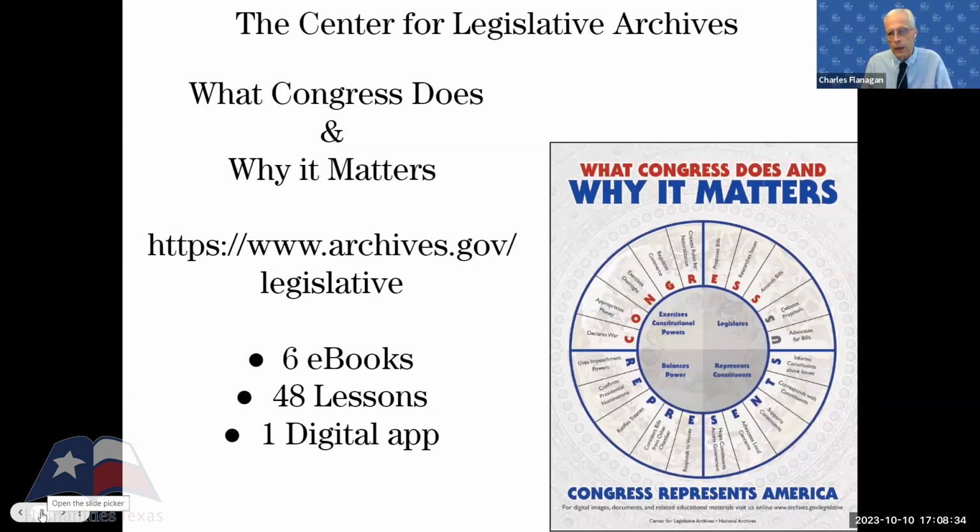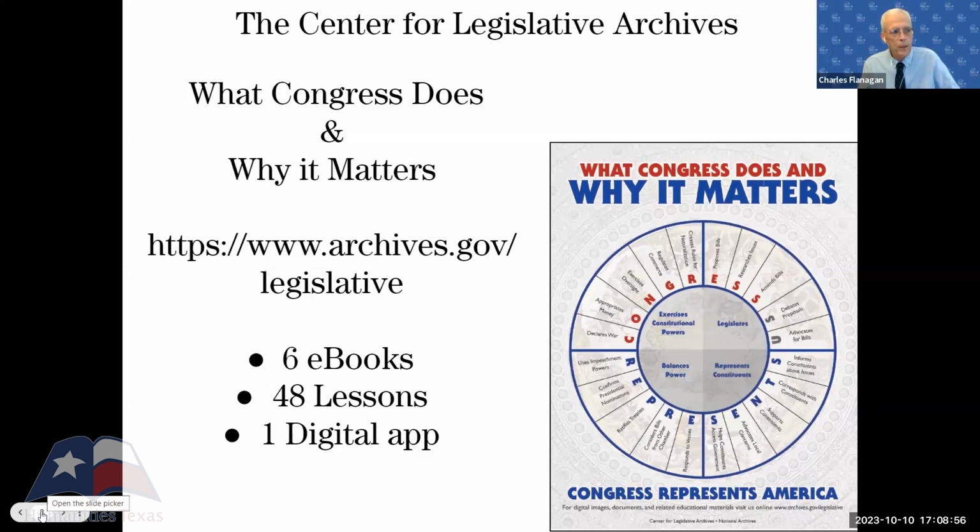And we have a website where you can get a whole lot of resources that we've created using the records of Congress to enable students to understand representative government. So it's very similar to the National Archives address. It's archives.gov/legislative, as you might expect. And when you get there, you'll see a resources tab, and I'll show you that on the next slide.